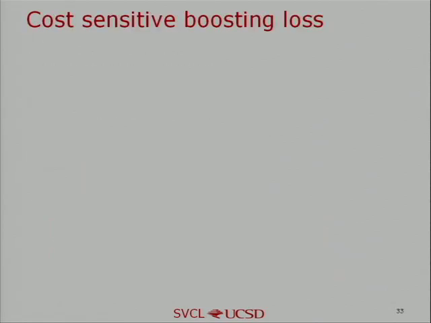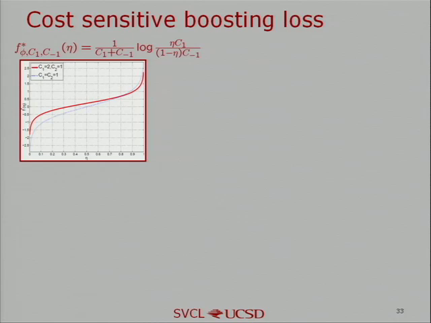So here we're going to go over an example, which would be the exponential. We're going to try to derive the exponential cost-sensitive loss. We choose f star to be this formula, which is the cost-sensitive version of the log link. And you can see that it is cost-sensitive.